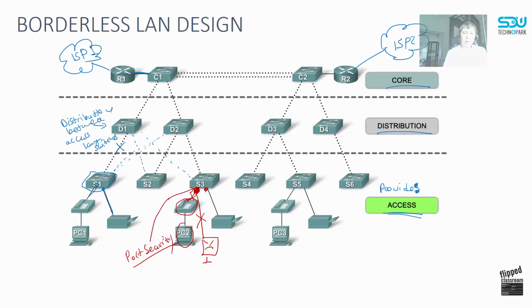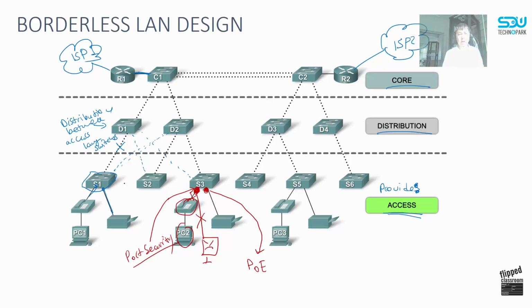And another characteristic of the access layer switch, which belongs only to the access layer switch, is support of Power over Ethernet. So by Ethernet cable we can provide the data signal and we can provide the power signals. I mean, we can provide the electrical signals to give the power supply for our devices.